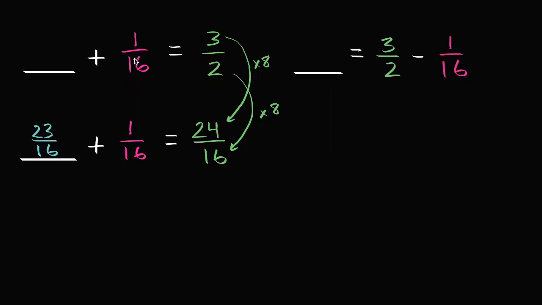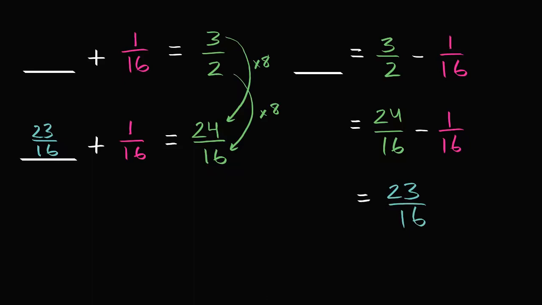And we already know that 3 halves is the same thing as 24/16. So 24 over 16 minus 1/16, which we figured out is 23/16, which is equal to 23 over 16.